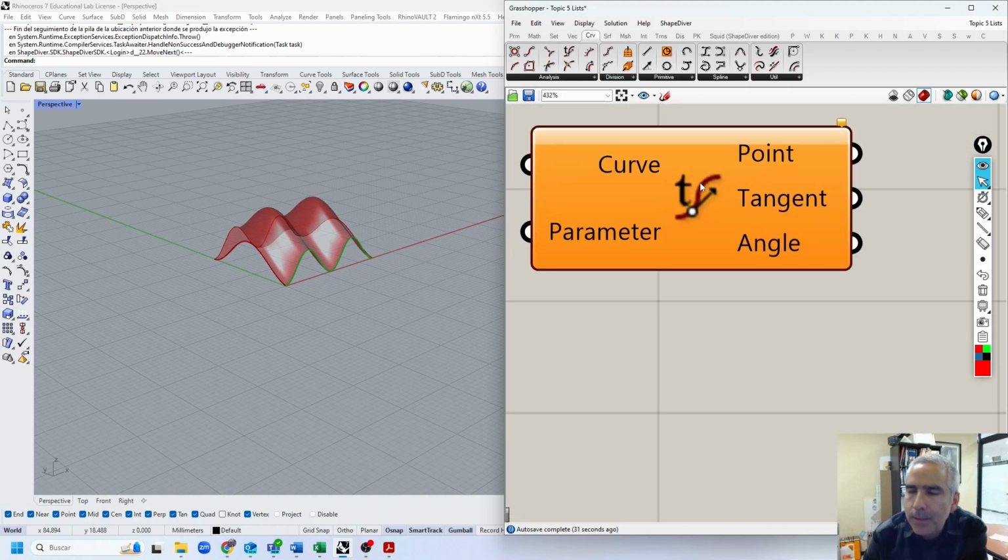And this little drawing has a curve, a point that lies on the curve, some sort of arrow that represents a vector, and the T right here. That's the symbol, and it tells you what this component does.